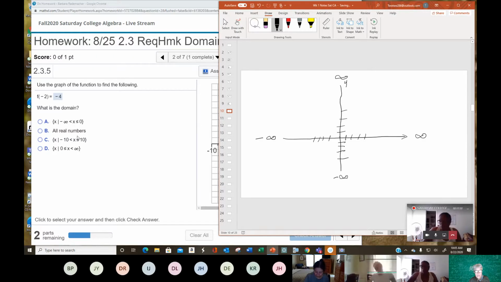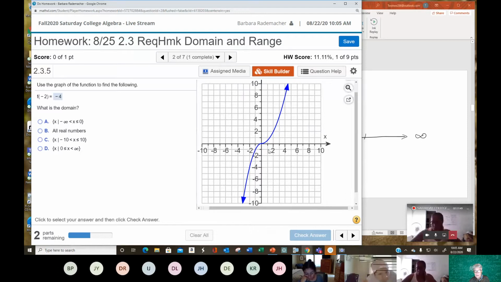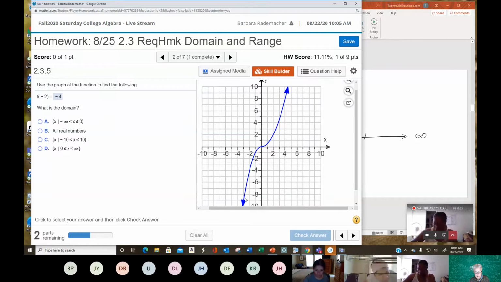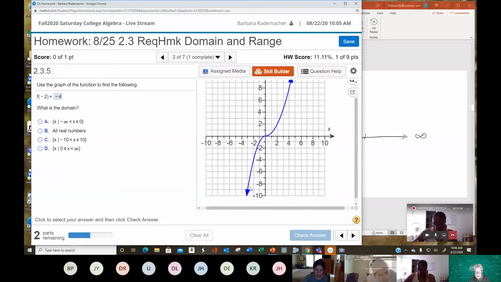So with the domain, with this particular graph, since you're going to go forever to the right, the graph is going to go to positive infinity on the x-axis. This goes forever to the left, and you've got negative infinity over here.